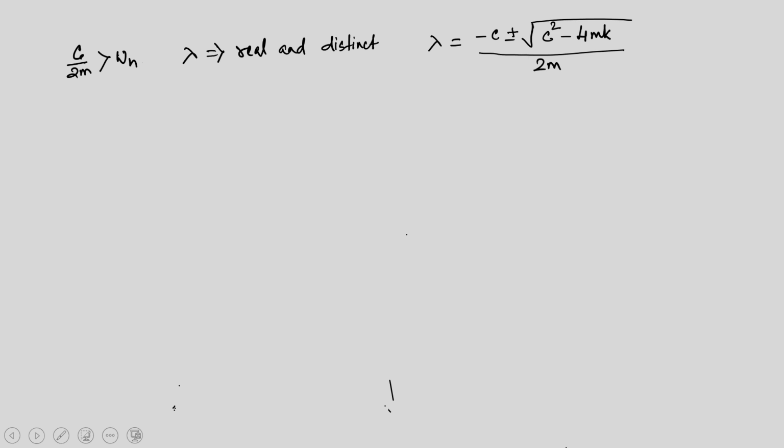So, if we have real and distinct roots, in this case we have lambda 1 and lambda 2, and they are, if I just write it again, c by twice m plus minus square root of c by twice m whole square minus k by m.